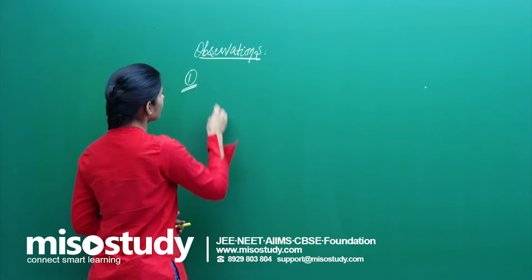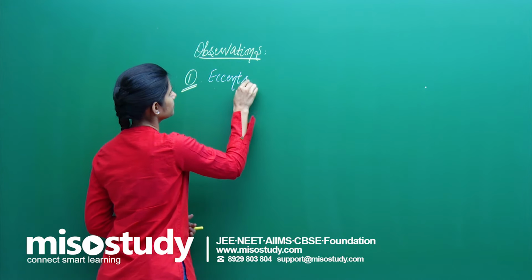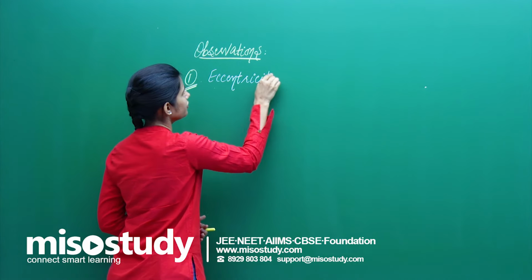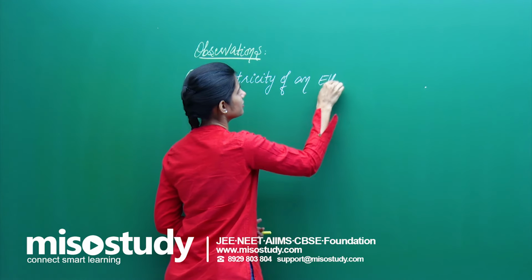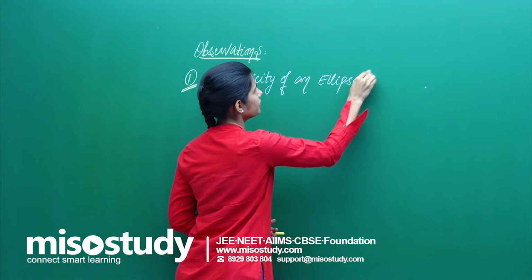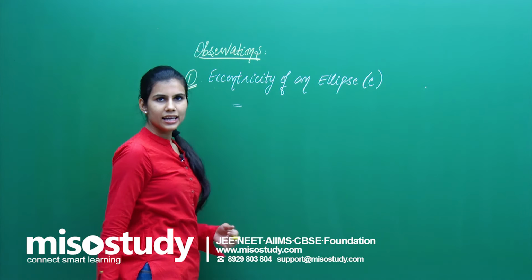The first thing is talking about eccentricity. Eccentricity of an ellipse is something denoted by small e, and what is this?